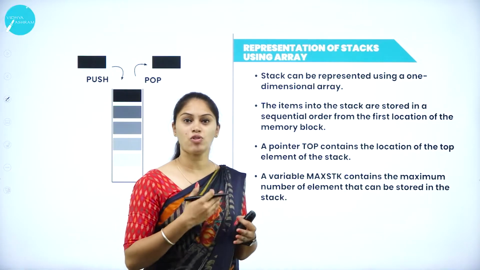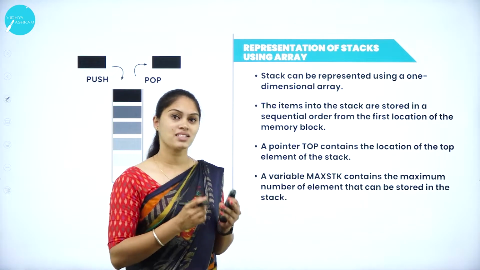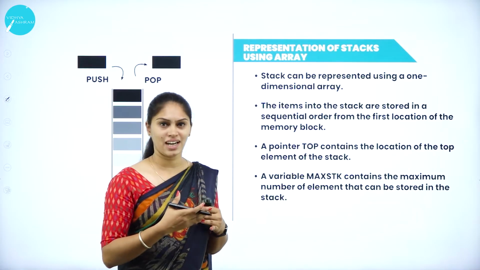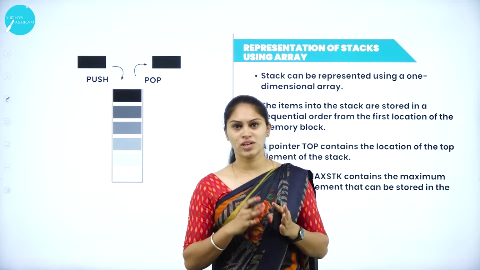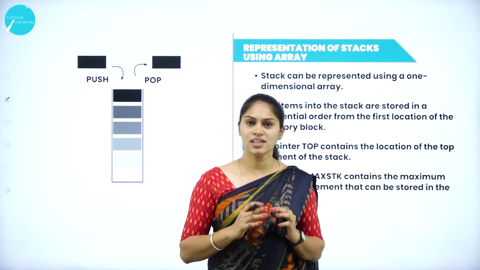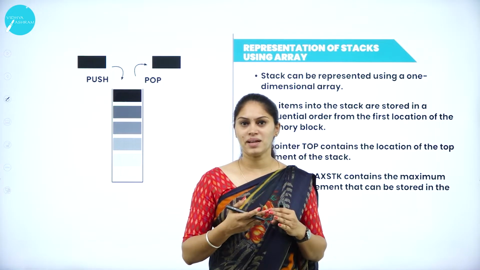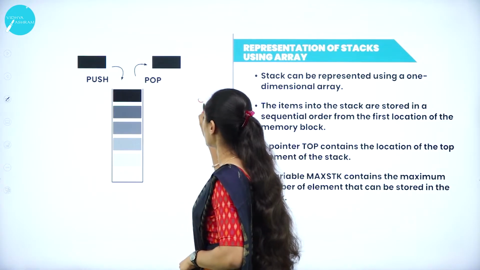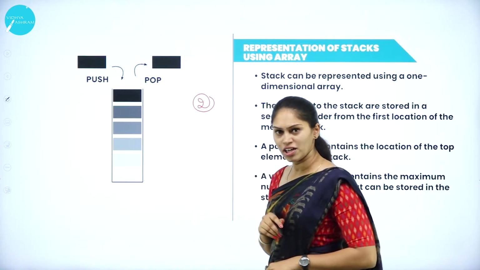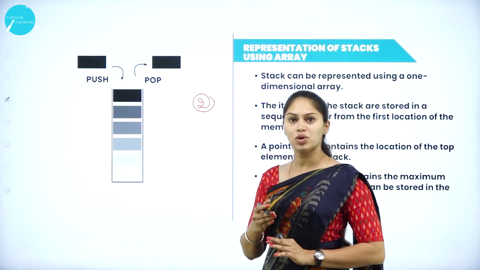Now we'll see how we are going to represent stacks in the computer memory. When I'm creating a stack, the computer memory allocates some memory space for the stack. We have two methods to represent the stack in computer memory.